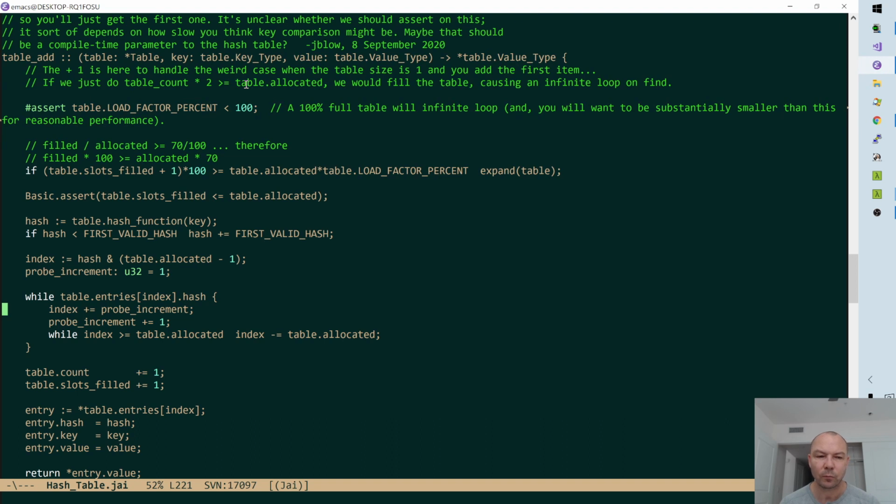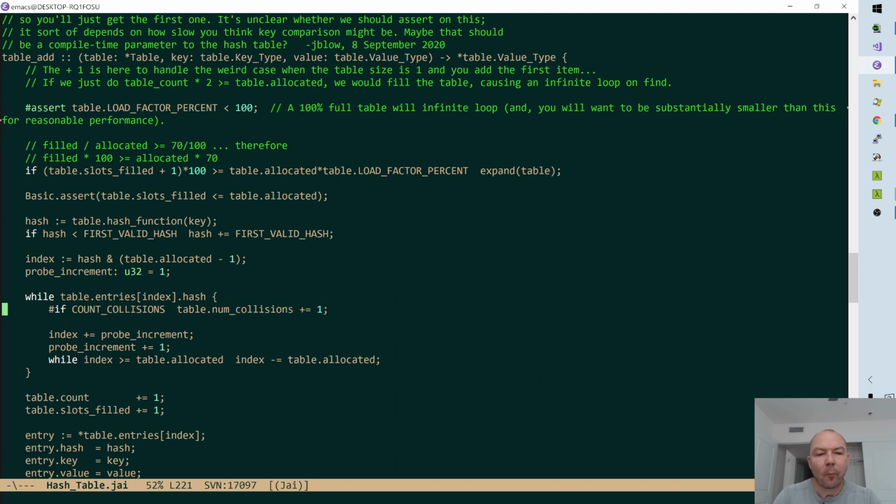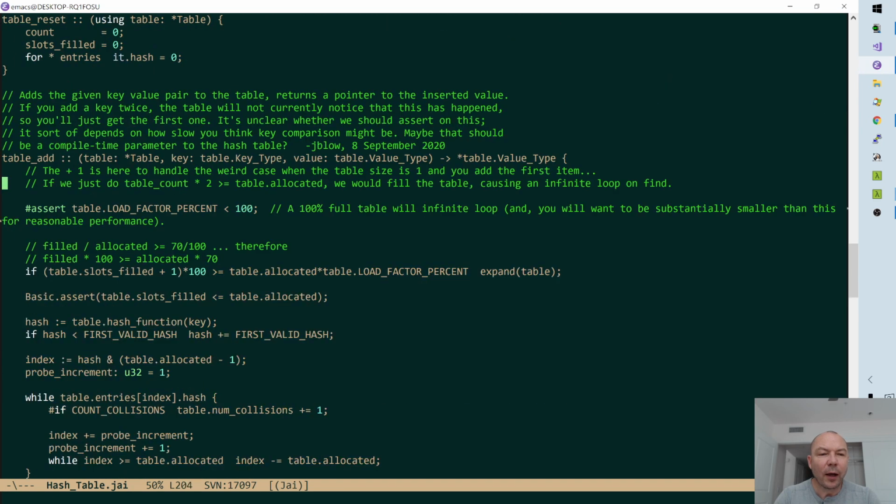So when it comes to this profiling thing or counting collisions, I just want it to be really simple. I don't feel too bad about that, okay?